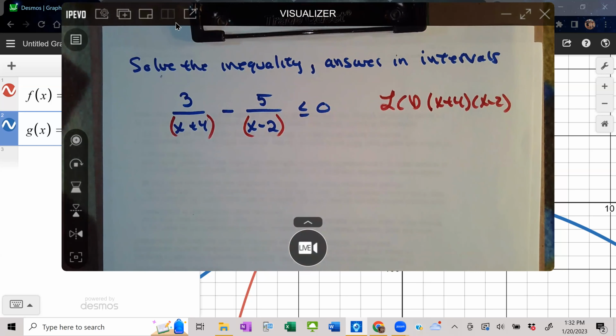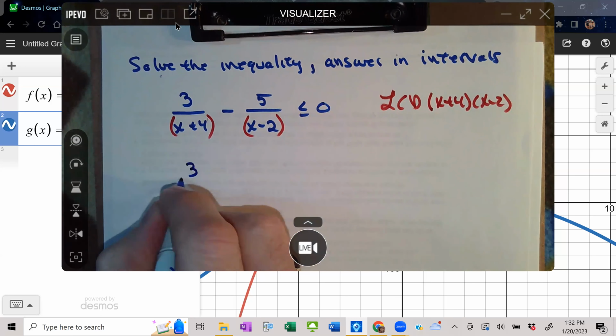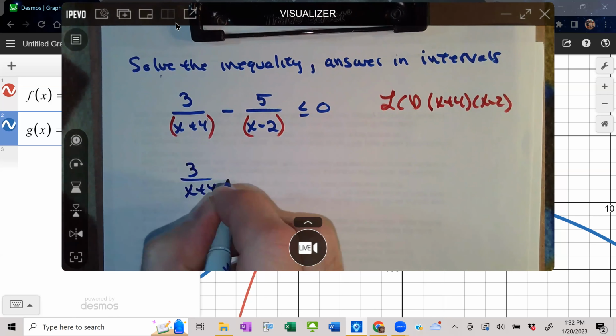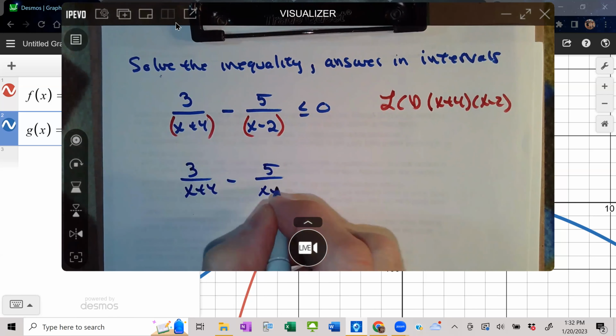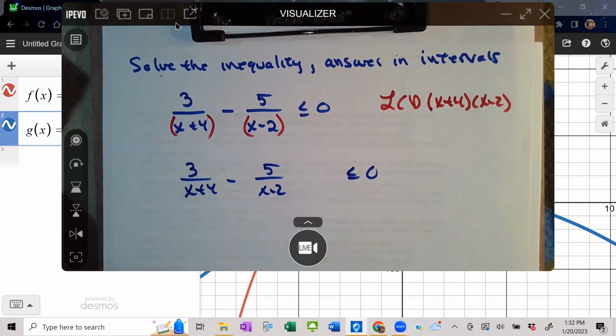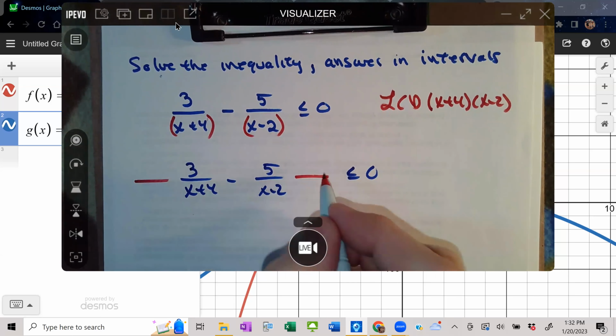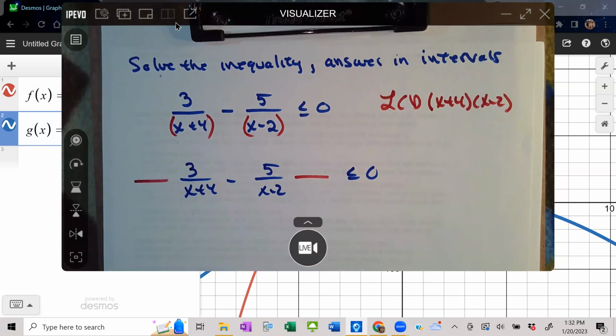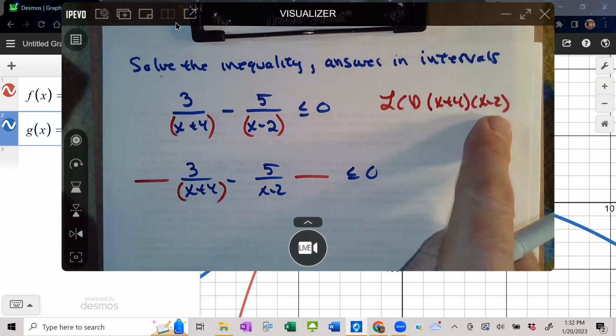And in looking at this, I know that I don't have the LCD. So let's get each of these fractions set up with the LCD. I'm going to have to multiply by 1. Here, I'm missing the x minus 2.